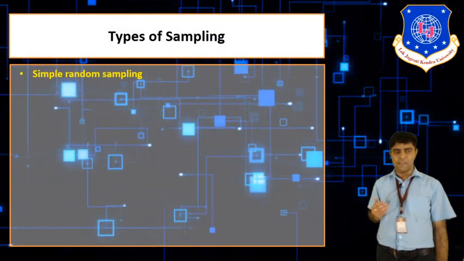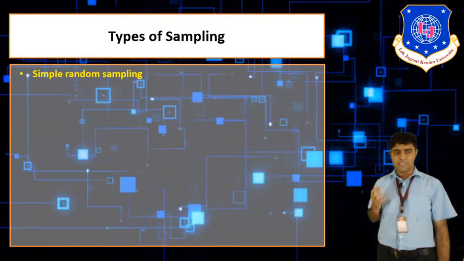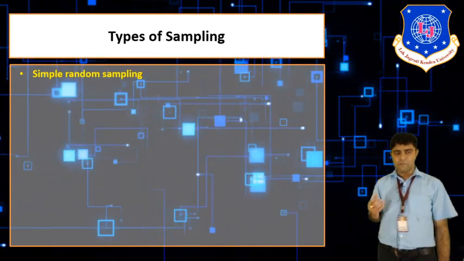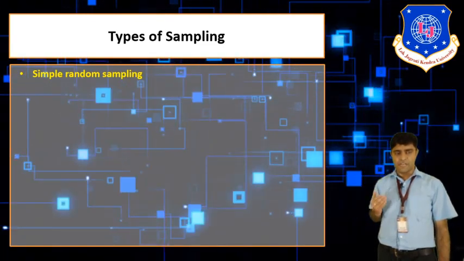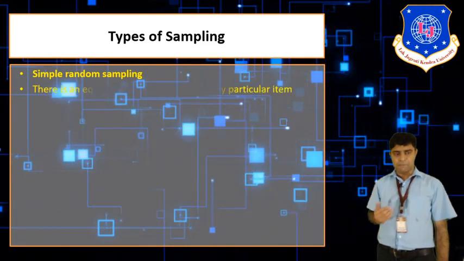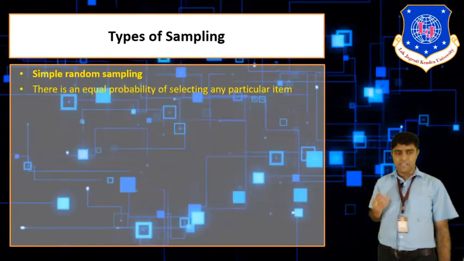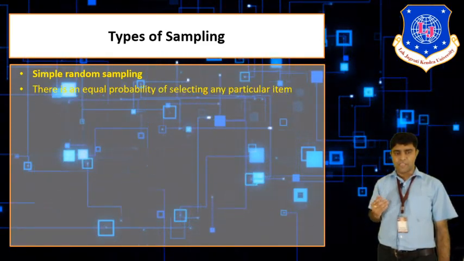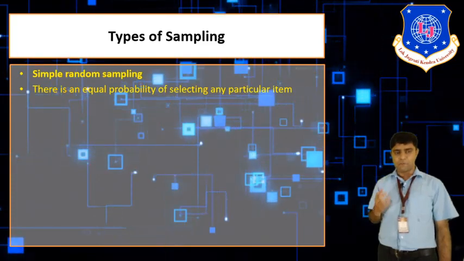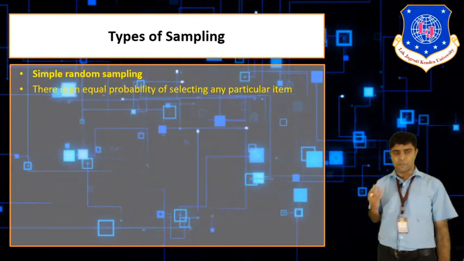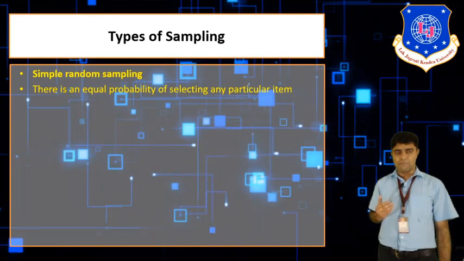Simple random sample is a sampling technique where samples are created randomly from the population of data. There is an equal probability of selecting any particular item. Here equal probability is given for selecting any particular item in simple random sampling.